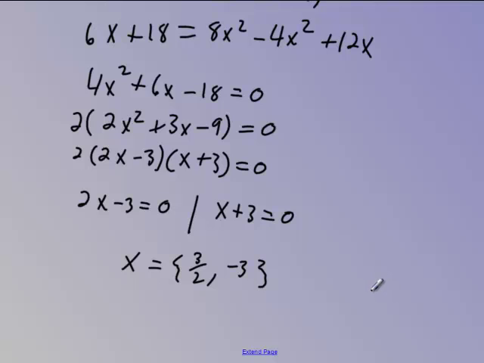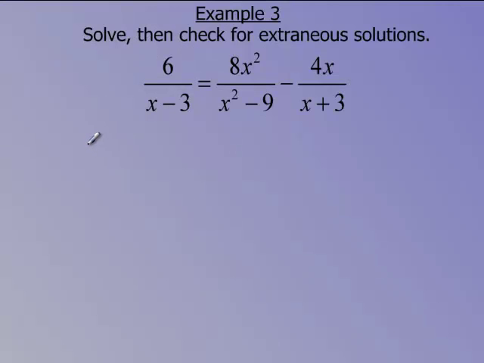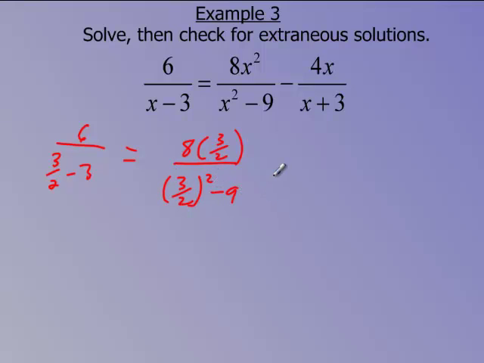So let's do that. We'll start off with the 3 halves. We'll substitute that into the original equation. So I'll have 6 over 3 halves minus 3 equals 8 times 3 halves over 3 halves squared minus 9 minus 4 times 3 halves over 3 halves plus 3.